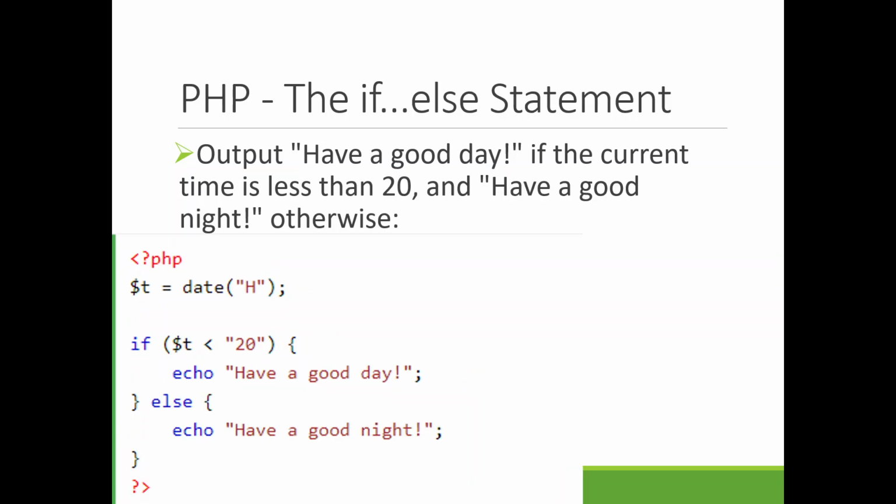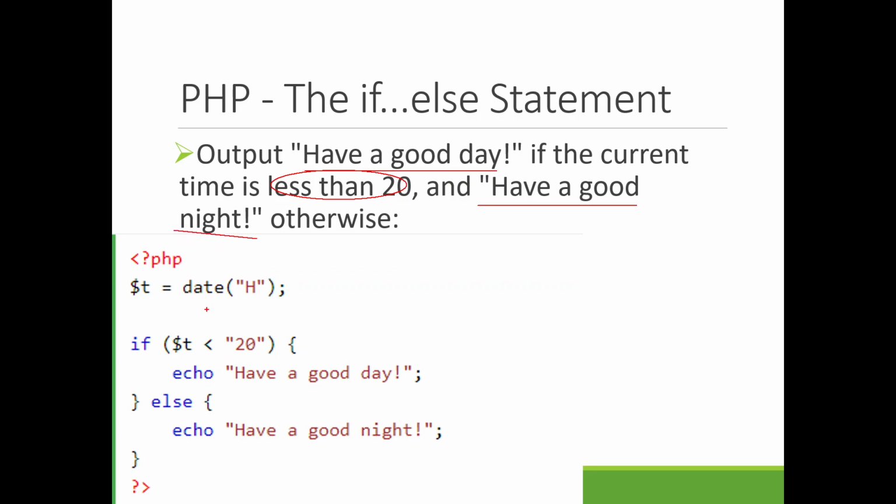That is why we have the if else statement. The if else will print something else if the condition is not met. If it's less than 20, we want to print have a good day. Otherwise, we want to print have a good night.